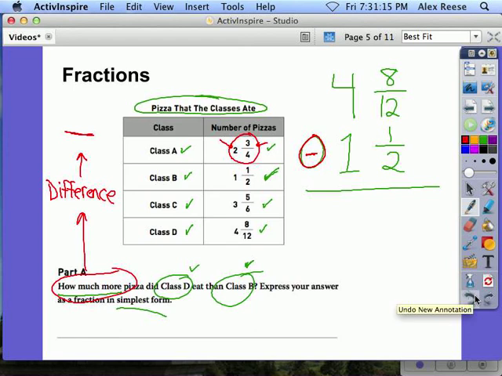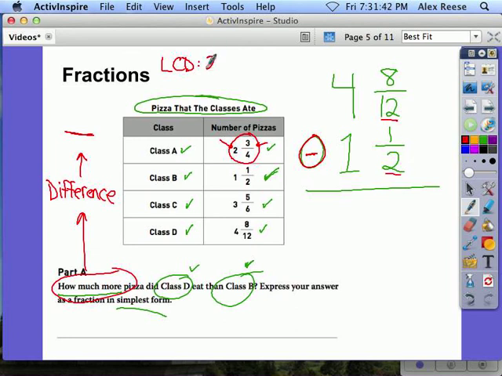Now first, when I look at my numbers, I see that I have unlike denominators. I have 12 and 2. Since my denominators are unlike, I need to find the LCD. So over here up top, I'm going to list the multiples of the two denominators in the question. I see the denominator 12 and the denominator 2.